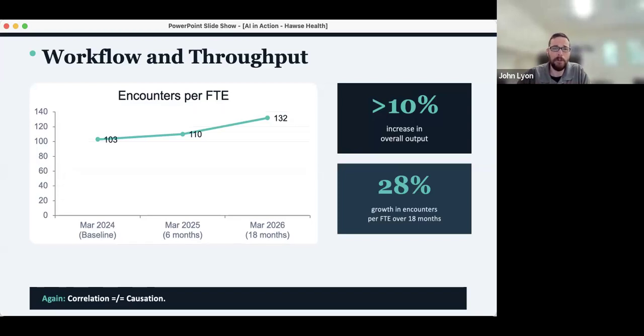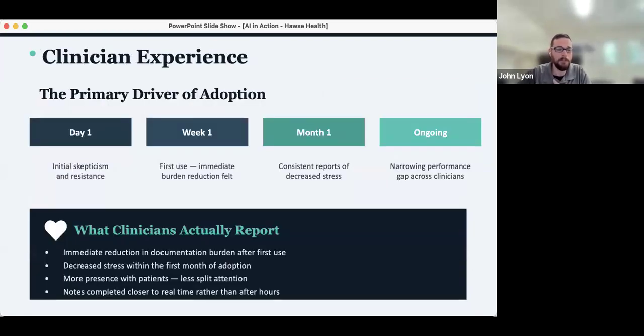I would think this indicates that clinicians are able to see more patients because they are less stressed and able to work without the level of cognitive load they had previously. With that, I'm going to send it back over to Ken to talk about some of the clinician experience.